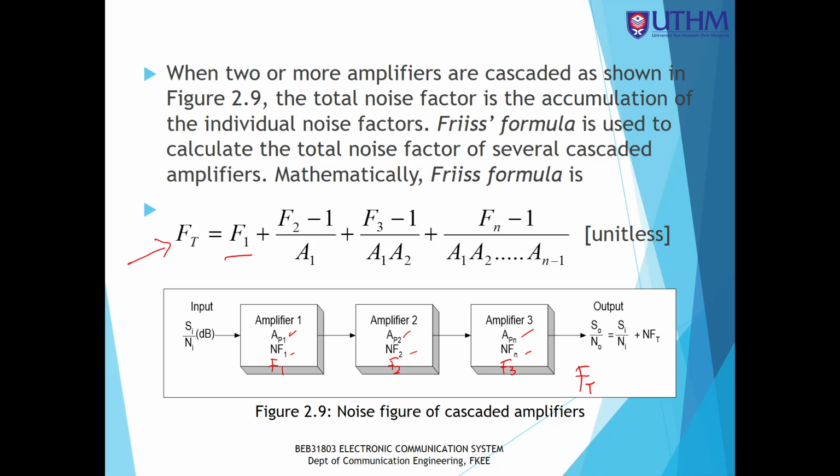Noise factor due to the first amplifier, plus F2 minus 1, where F2 is the noise factor due to the second amplifier, divided over the gain of the first amplifier.